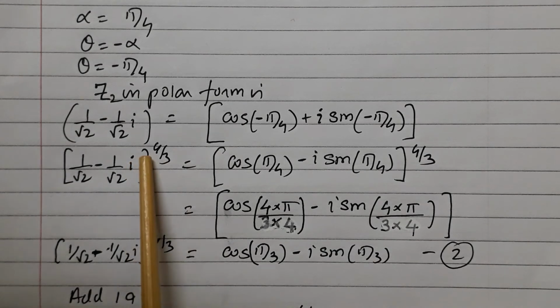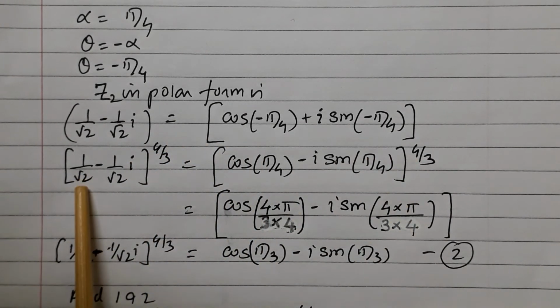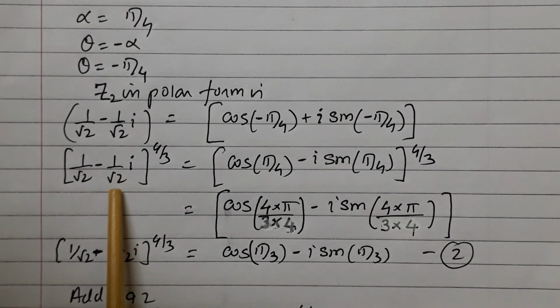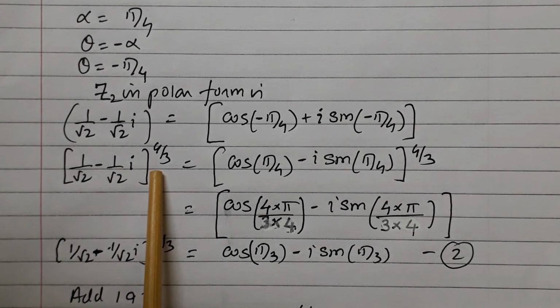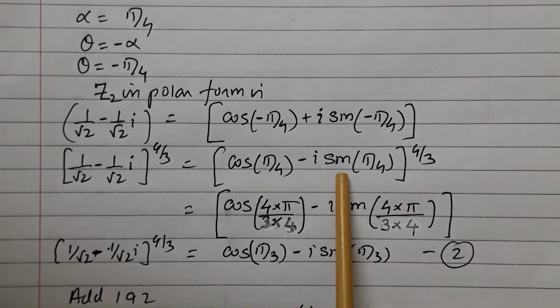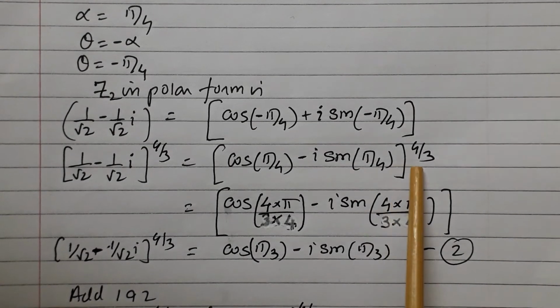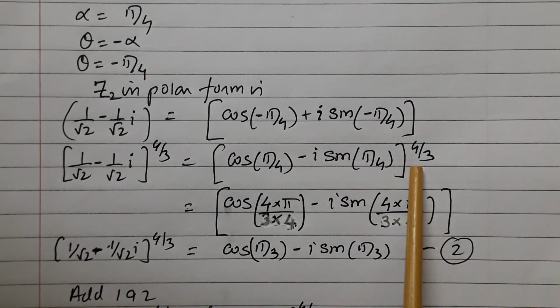Now raising both the sides to the power 4 by 3, 1 by root 2 minus 1 by root 2 i the whole raised to 4 by 3 is equal to cos pi by 4 minus i sin pi by 4 the whole raised to 4 by 3.